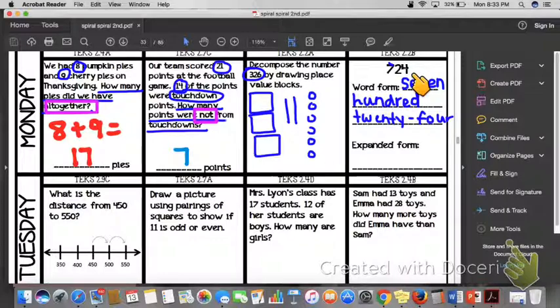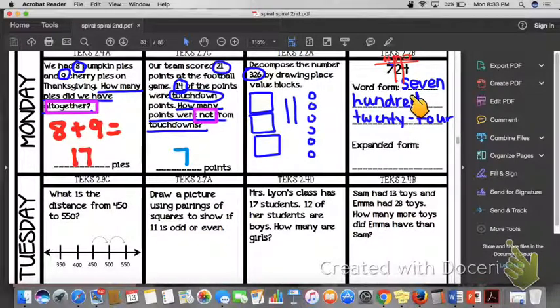And now I'm going to write the number 724 in expanded form. And what you can do is draw a place value chart. My ones, tens, and my hundreds.